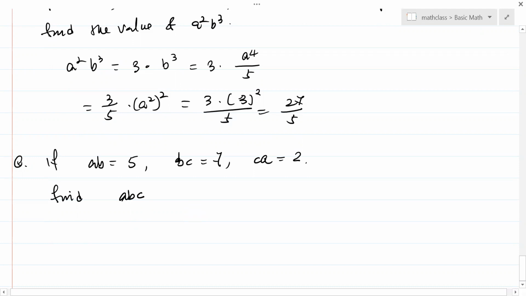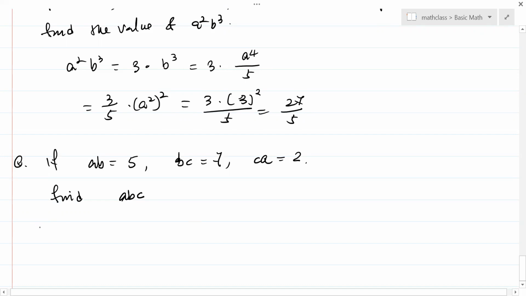Now, in this problem, you have to ask yourself, are A and B and C positive? Then you find out that they could be all negative or all positive. So there are two cases here.